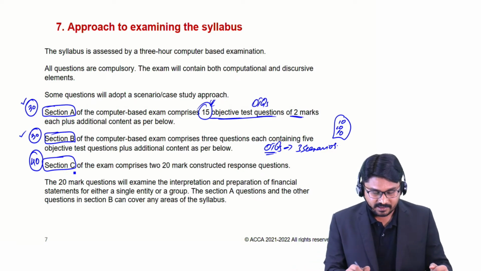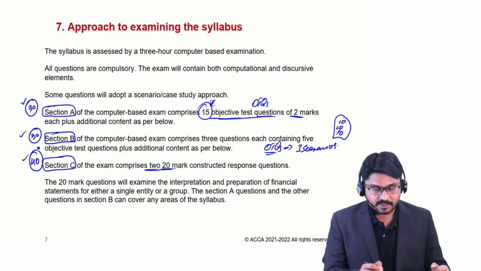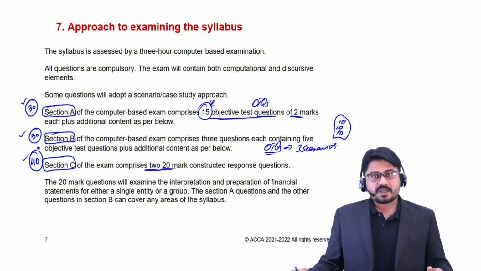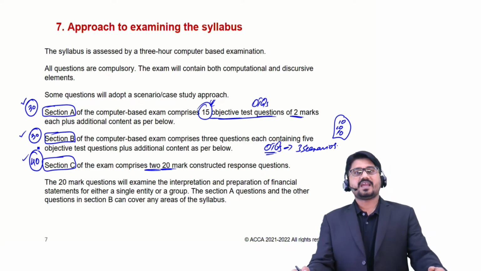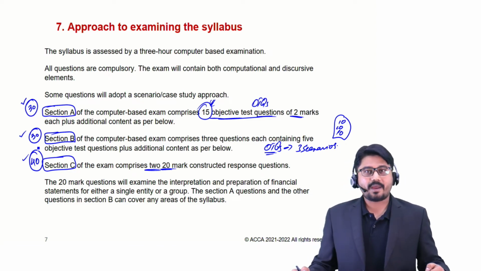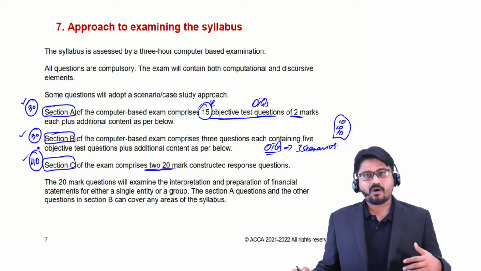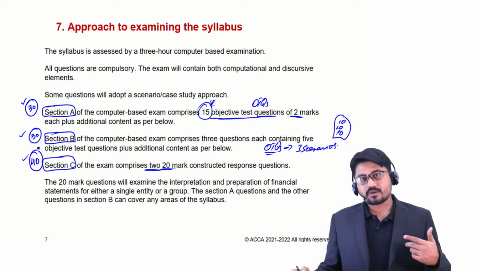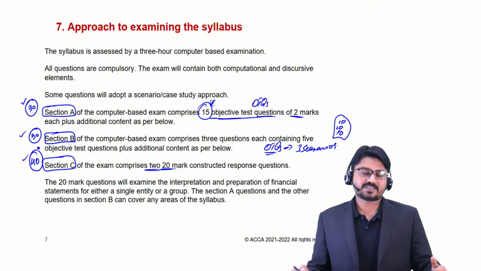And in Section C, there are basically 2 questions of 20 marks each, in total 40 marks. Now, the question arises, which areas are examined in Section A, how Section B is tested, and what's included in Section C. The answer is very simple.